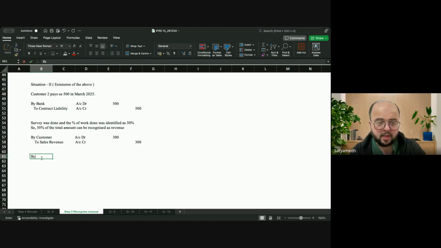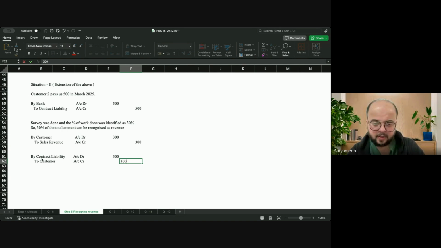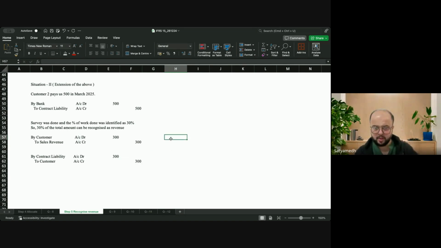So what will be the entry? By contract liability account debit, advance from customer basically, to customer account. So this has been knocked off. This is revenue recognition. This is knocking off the debit receivable in the customer account, because nothing is technically receivable. He already paid you when he made that advance payment.